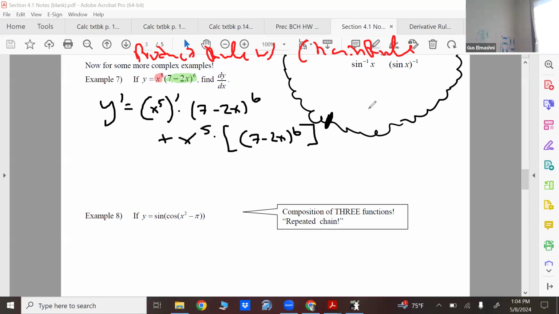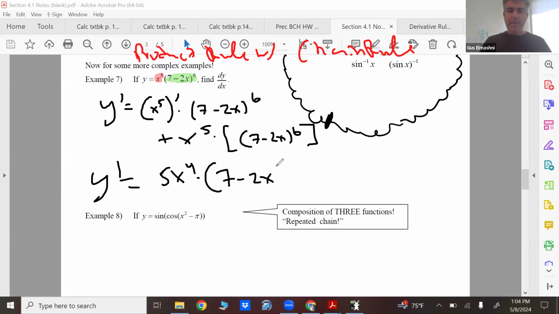I don't want to just go straight to it. Just make sure you understand what's happening. It's just 2 functions, right? X to the 5th is one function, and the other is the second. So it's f and g, and that's right: f prime g plus f g prime. So the first part's pretty easy. That's just 5x to the 4th, right? 5x to the 4th times 7 minus 2x raised to the 6th power, plus x to the 5th.